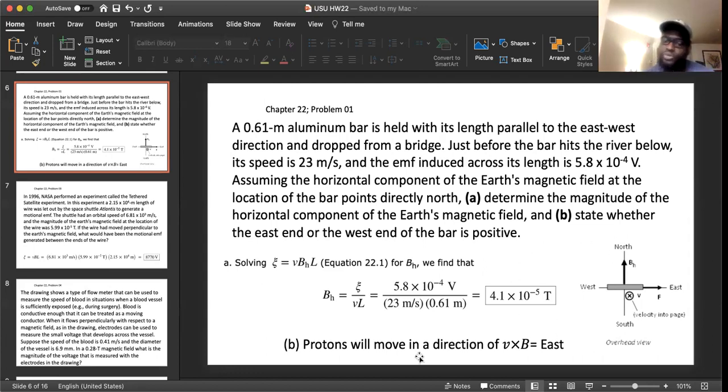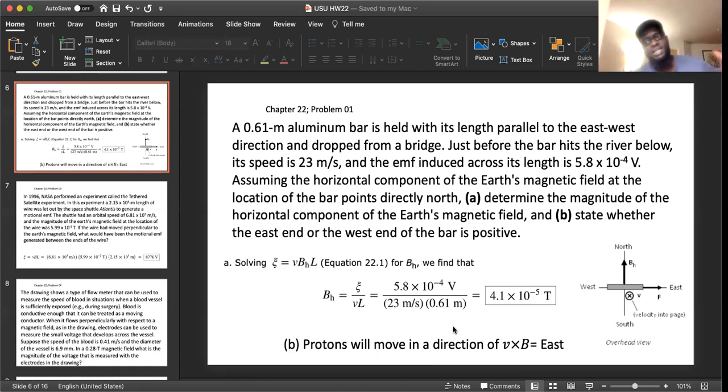So we want to see whether the east end or the west end of the bar is positive. Now we're going to do the v cross B. So what is v cross B? v is going straight down, into the page, and B is going up. When I do into the page cross up, I'll be going out to the right, so it's going to be east.